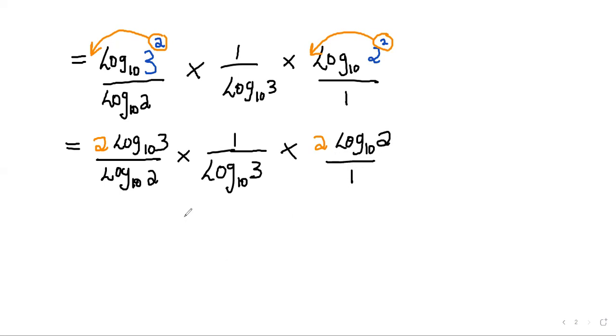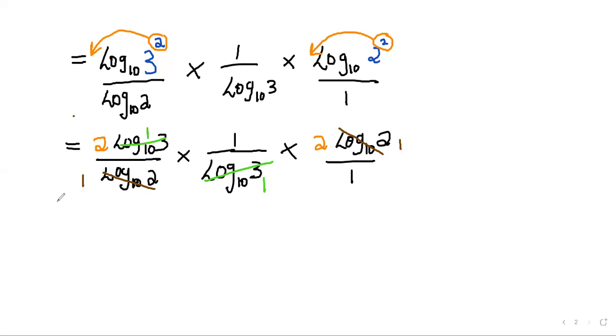So the next step that we are going to write here is very important. These two are going to cancel. Log 10 base 3 cancels log 10 base 3, it goes once. And as well as this one right here, log 10 base 2 goes once.